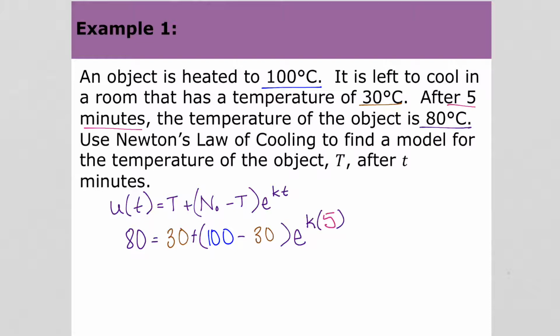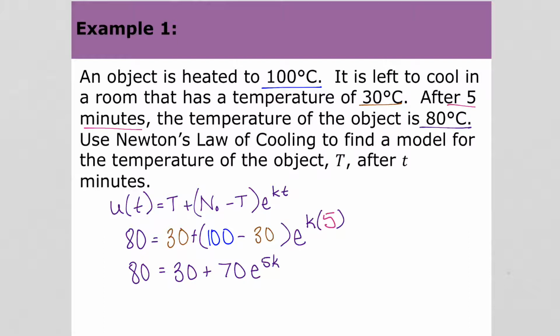So using this information, the only thing we don't know now is k, and so we can find it. 100 minus 30 is 70. And we cannot add the 30 and the 70 because the 70 is being multiplied by the e to the 5k, and multiplication comes first.